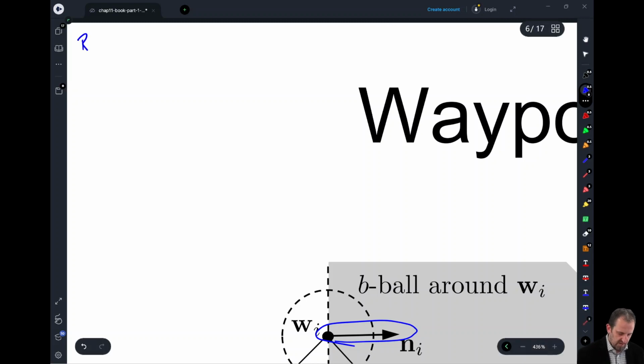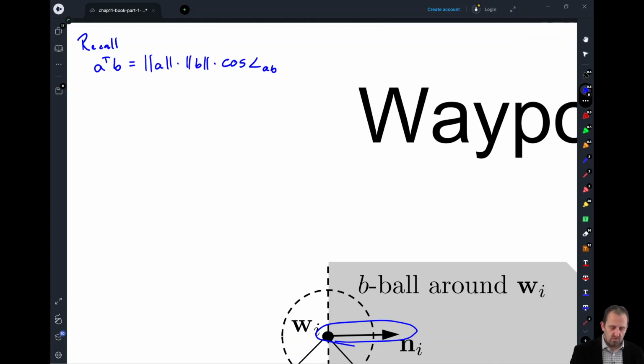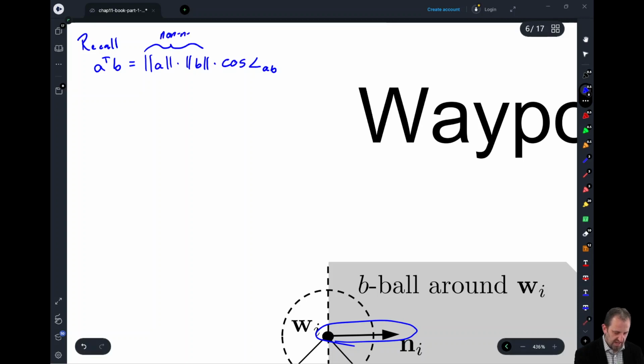If you recall, we have A transpose times B is equal to the magnitude of A times the magnitude of B times the cosine of the angle between A and B. If we look at this equation, we can see that the magnitude of A and the magnitude of B are always going to be non-negative.